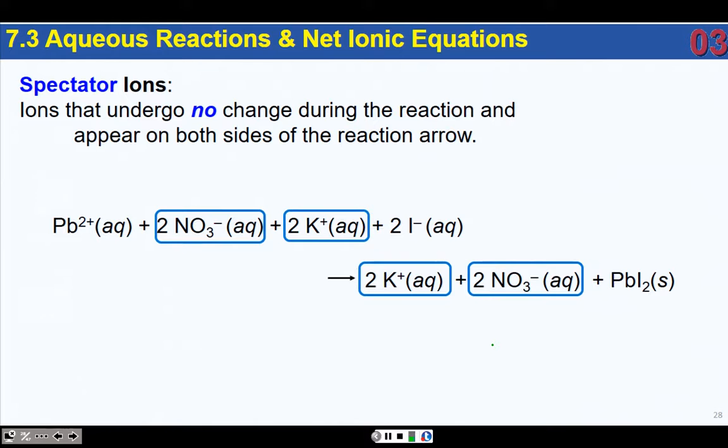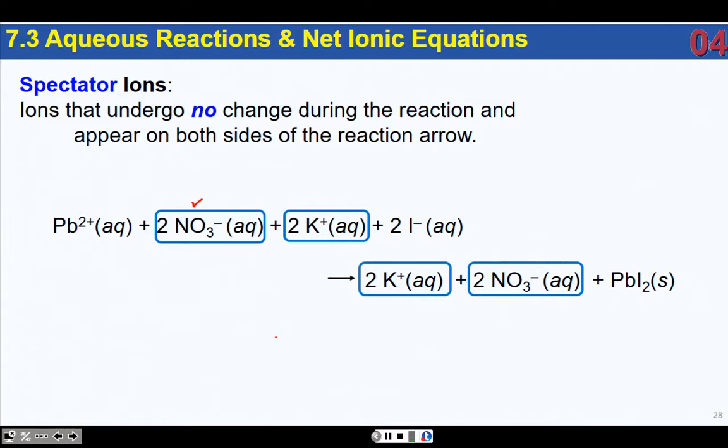Then we need to acknowledge the fact that there are certain things in these equations that feel a bit redundant or inconsequential, perhaps. They are described as spectator ions. The spectator ions are those species in the mixture which undergo absolutely no actual change during the reaction and will show up on both sides of the reaction arrow. In this example with the lead nitrate and potassium iodide, if you were paying attention as we were putting it all together, you perhaps noticed that there was nitrate in 2 places in this example.